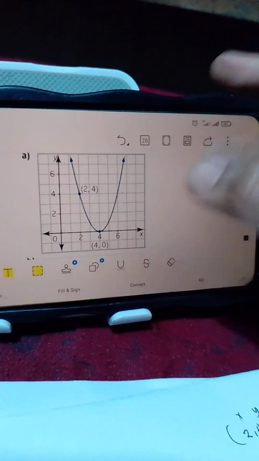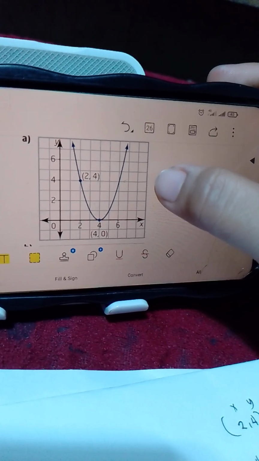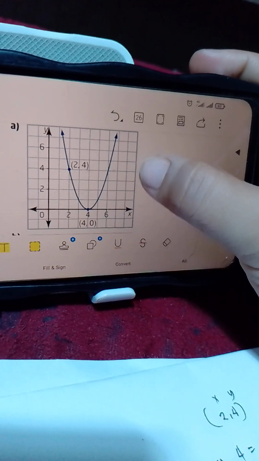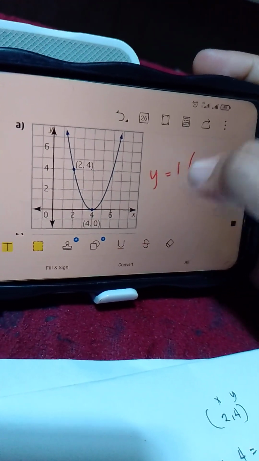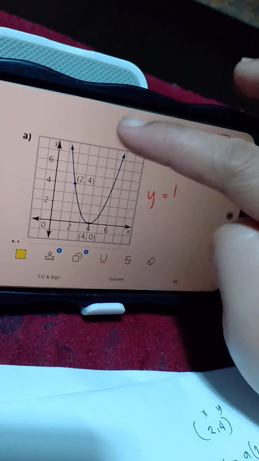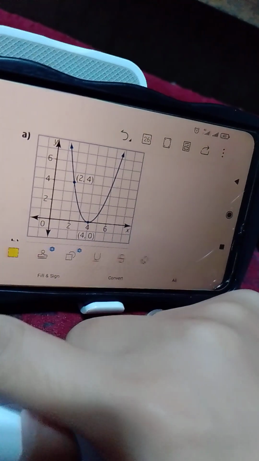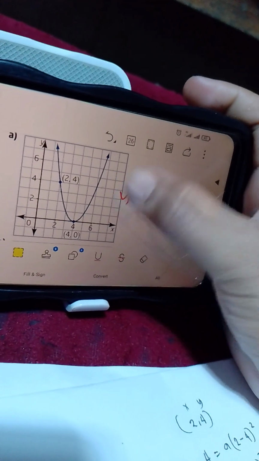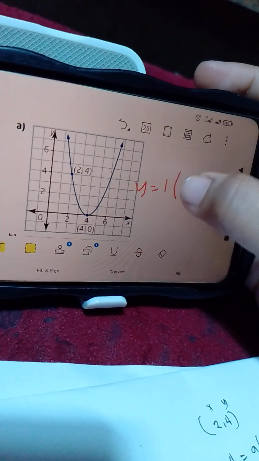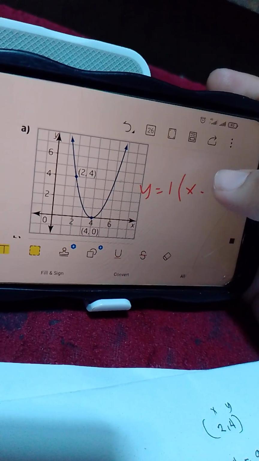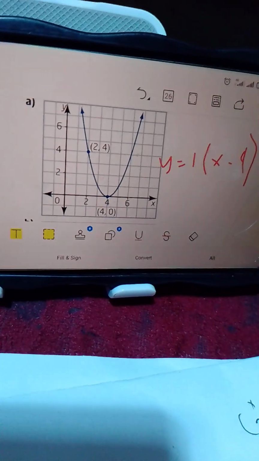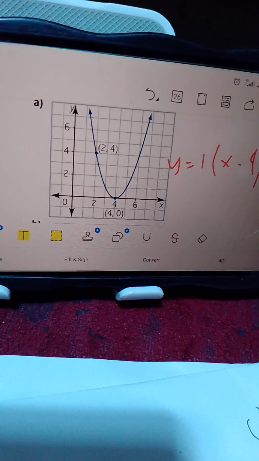The equation is simply y equals 1 times (x minus 4) squared. No need to write the plus 0 because it is understood that it has 0.